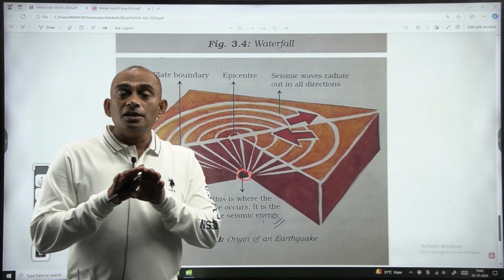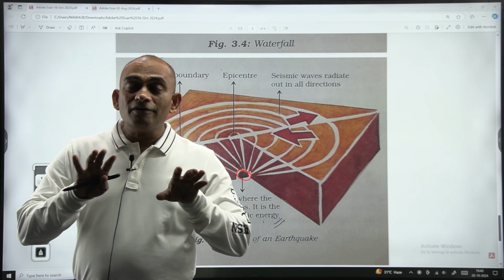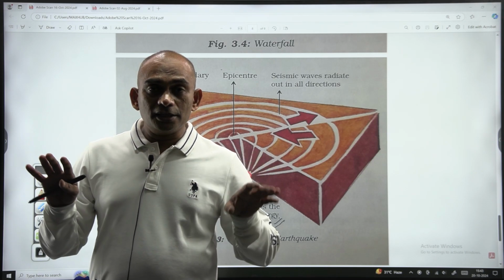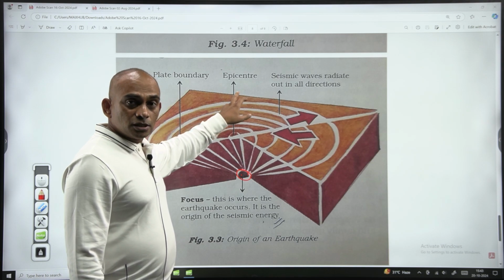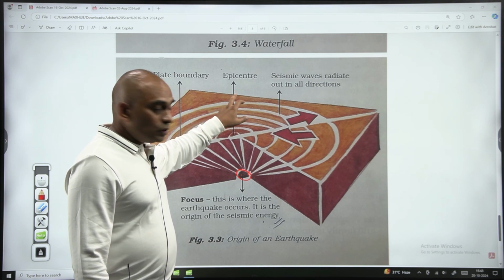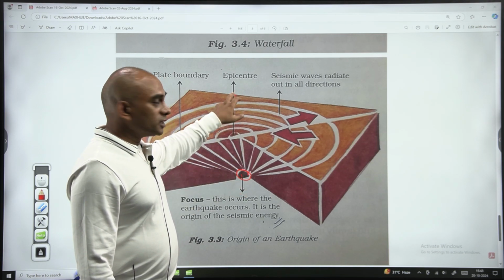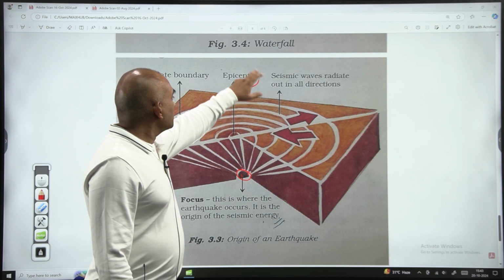When this energy is released, it travels in all directions in the form of waves. These waves reach the surface of the earth which is perpendicular to the focus. That place is the epicenter.